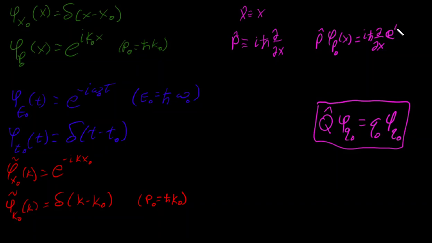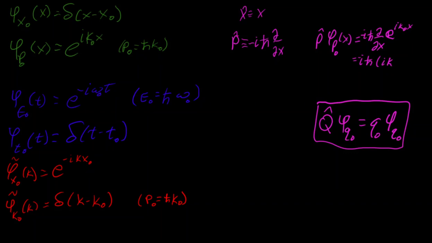If we take the derivative, this is i h bar times i k. Oh, sorry, I did make a mistake. This is negative i h bar. My bad. So this would be negative i h bar, which is still the same thing because then our constant would just be negative h bar. So this is still Hermitian.